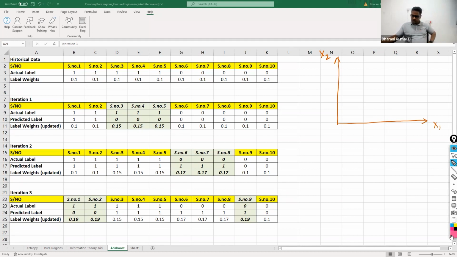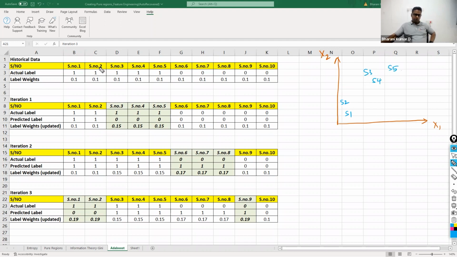So first, let me come up with the blue class. Say you have P1, the first data point, or let me call it serial number 1. Then serial number 2, serial number 3, serial number 4, serial number 5.